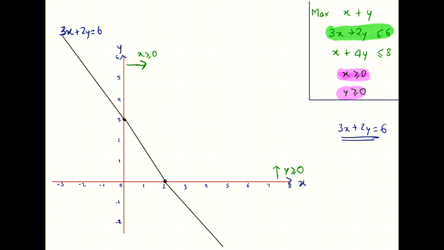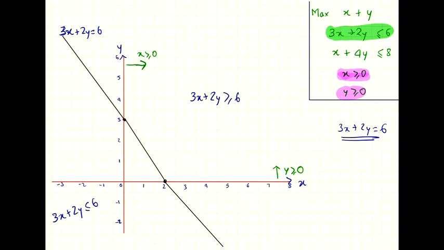So what's happening to 3x plus 2y on either side of the line? To the right of the line, 3x plus 2y is actually more than 6. On the left of the line, 3x plus 2y is less than 6. So that's something to remember.